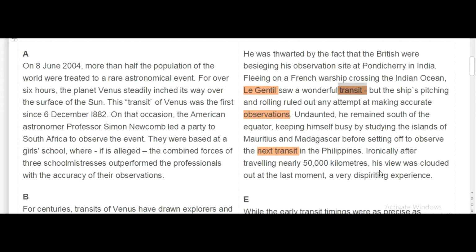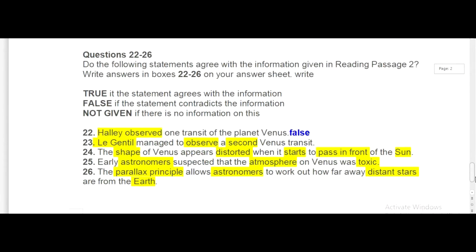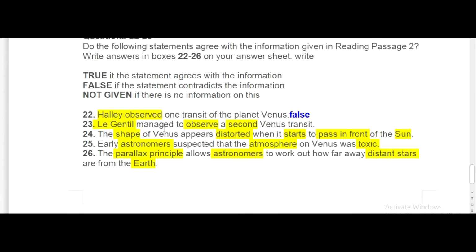So here is our matching sentence. Now I want you to compare these two sentences. Le Gentil managed to observe a second Venus transit. So what do you think? Did he observe the second transit?